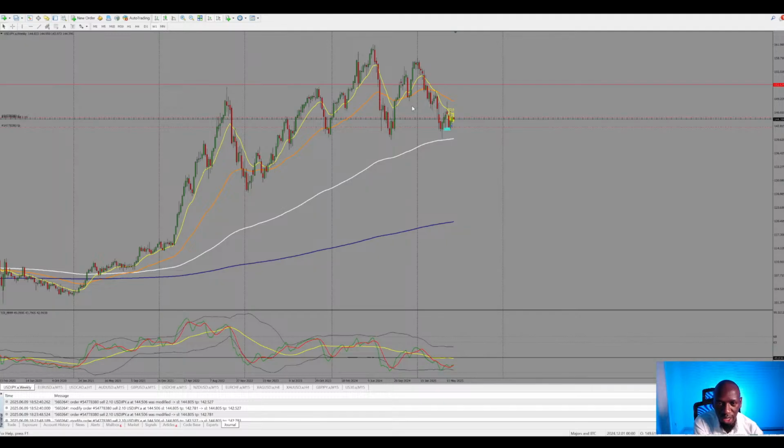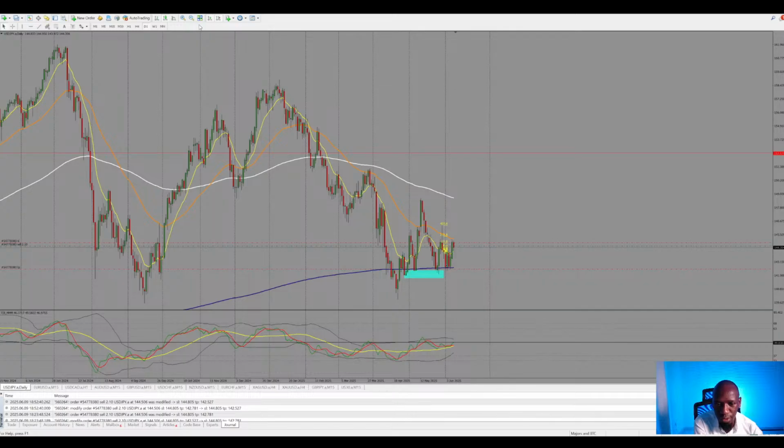When we look at this same chart on the daily time frame, let's switch to the daily time frame. Again, the daily shows something different. Price had been showing a downward trend, and then suddenly there was a break.